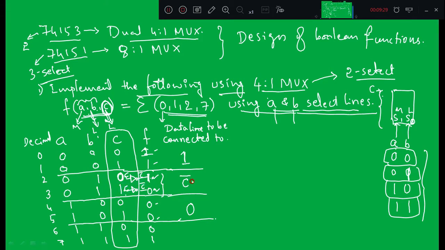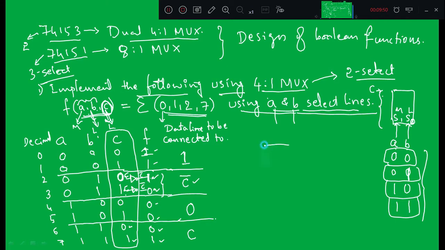So this output I need to write here. Is it clear? Similarly, when they are the same, for the last combination you can see when C is 0, output is 0, and C is 1, output is 1. So they are the same. In that case I'll write C.